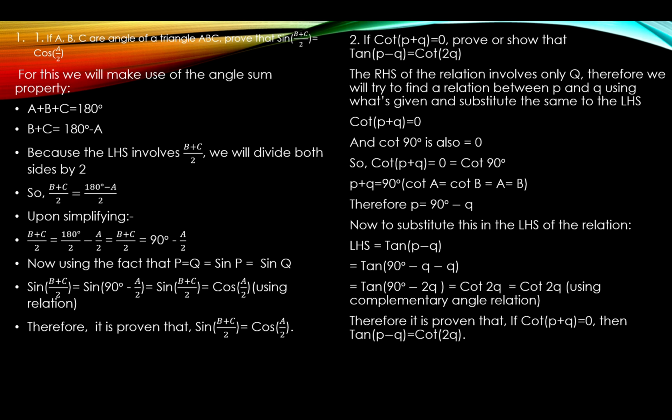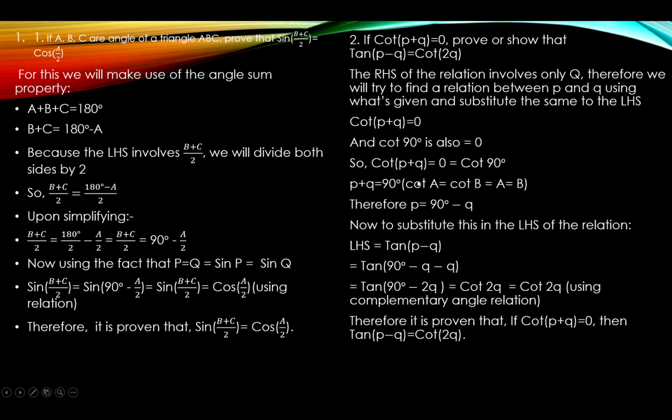If you remember, if cot A is equal to 0, then we have to find a specific angle for which the cot ratio is 0. So I found that cot 90 is equal to 0. So cot (p plus q) is equal to 0, which is equal to cot 90.